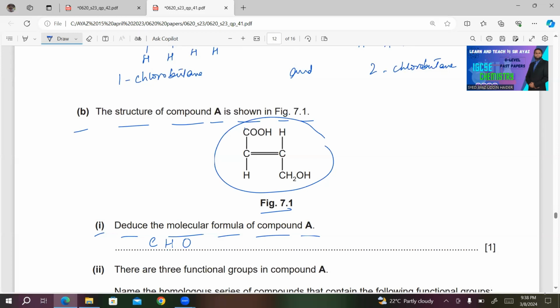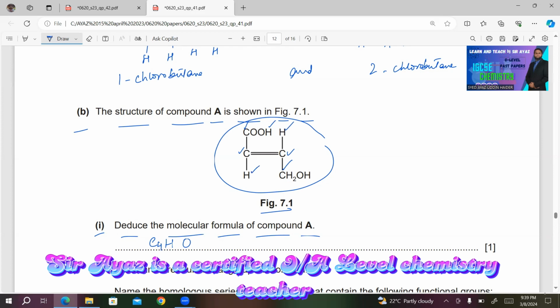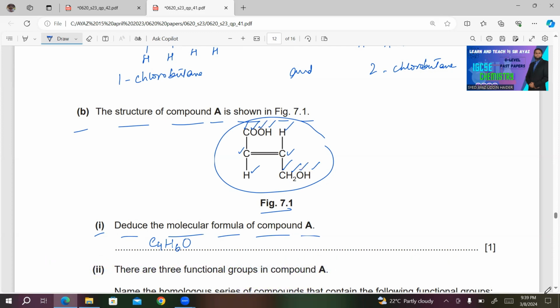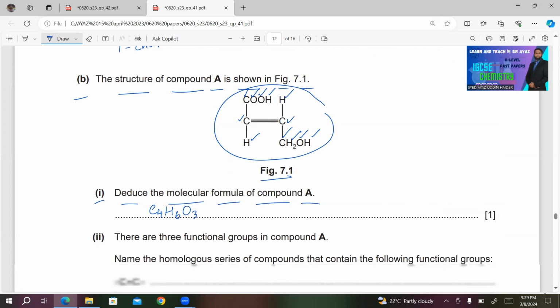For carbon, 1, 2, 3, 4. So this is C4. Hydrogen, 1, 2, 3, 4, 5, 6. H6. What about oxygen? 1, 2, 3. So C4H6O3. This must be the molecular formula of compound A.